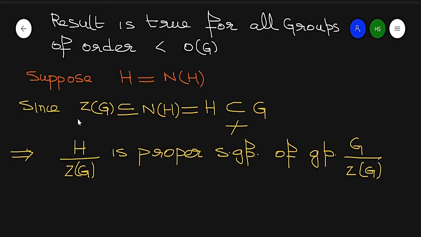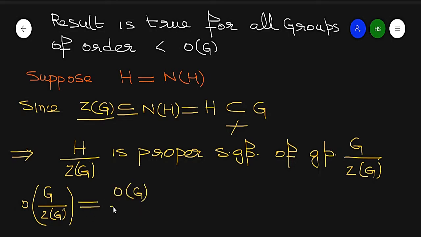Since the center of G is a proper subgroup of G, that's why H by the center of G is a proper subgroup of G by the center of G. Also, the order of G by the center of G can be written as the order of G over the order of the center of G.